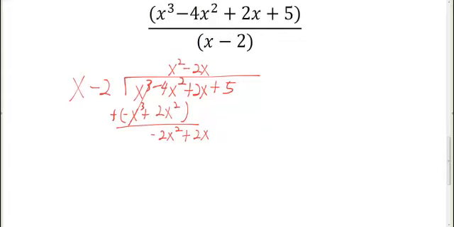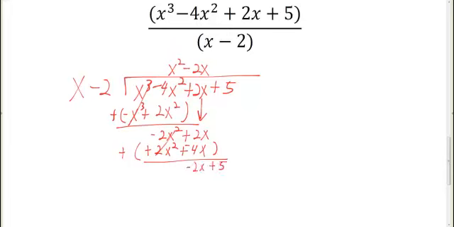That's helping us keep everything straight and neat, which is very important on long division. So we get negative 2x times x, which is negative 2x squared, and then negative 2x times negative 2, which is 4x. And just a reminder, I brought that down from there. We are then going to subtract it, change the signs, add these up, we'll get negative 2x plus 5.